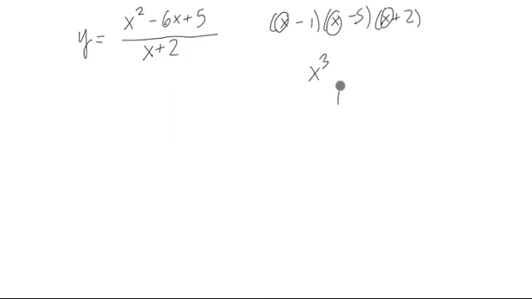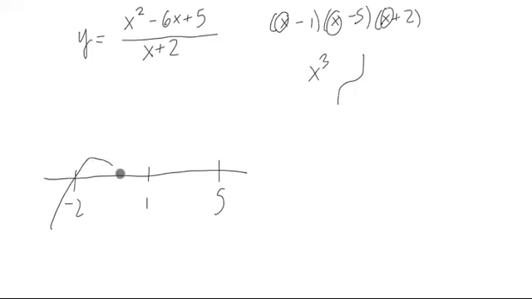So we're looking down, up. And we see that we're going to cross at -2, 1, and 5, and we're going like this.